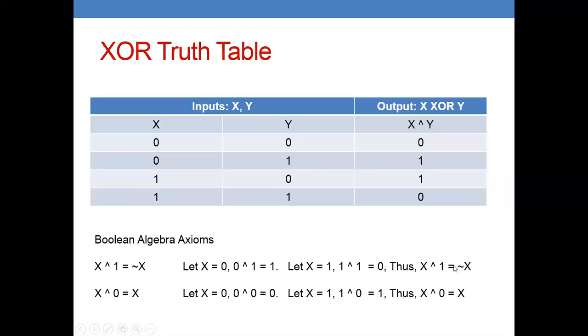So we end up toggling or complementing that bit. X exclusively ORed with 0 produces X. When X equals 0, 0 exclusively ORed with 0 gives us 0. When X equals 1, 1 exclusively ORed with 0 gives us 1. So X exclusively ORed with 0 gives us X. Those are a couple of important Boolean axioms that you'll need to know.